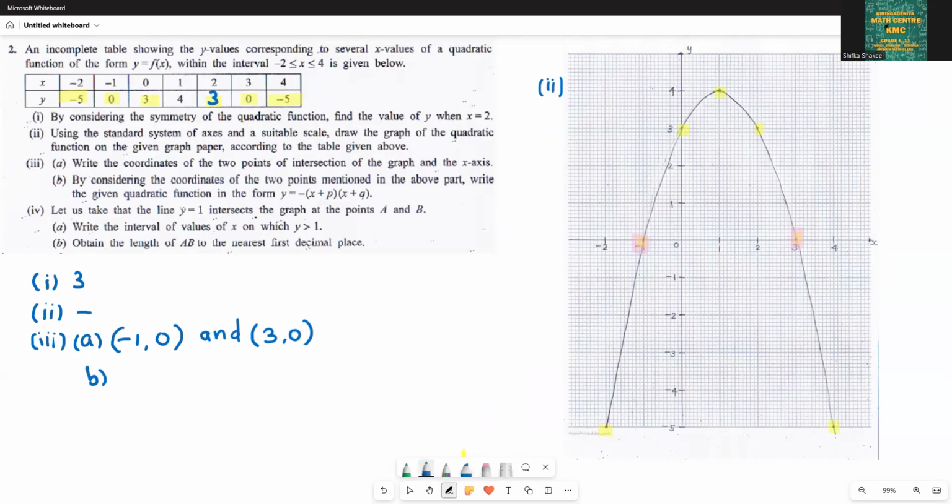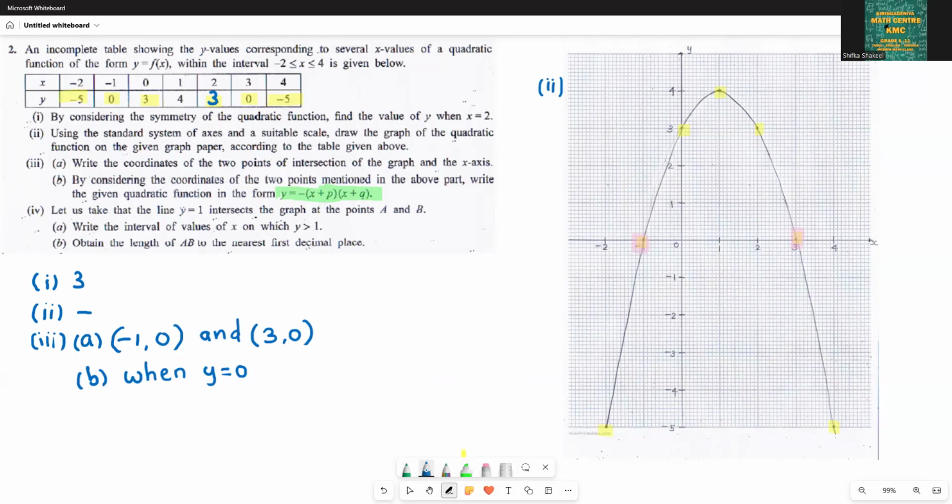B part in that question is, by considering the coordinates of the 2 points mentioned in the above part, write the given quadratic function in the form y equal minus (x plus p)(x plus q). How to write it in this format: we choose these 2 values when y is equal to 0.